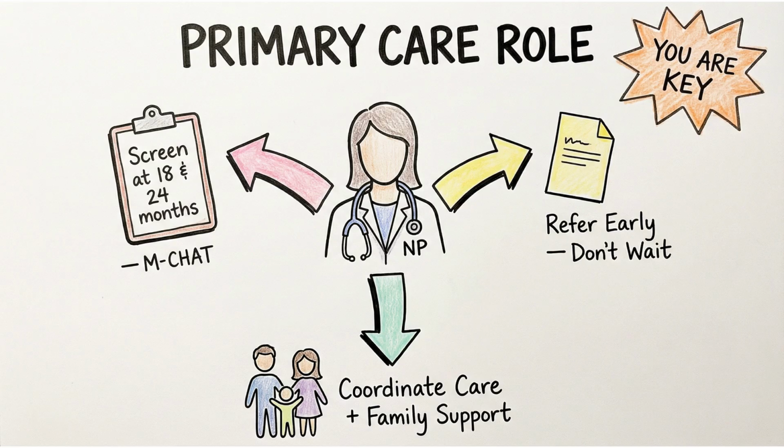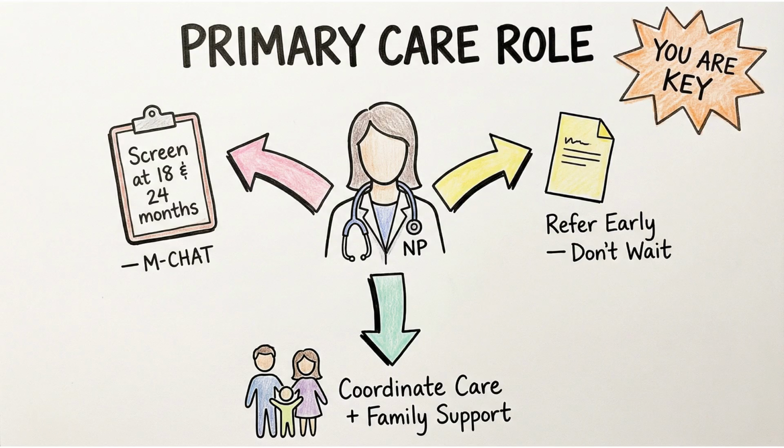The AAP recommends universal ASD screening at the 18 and 24-month well-child visits, using the MCHAT-RF, which is the modified checklist for autism in toddlers, revised with follow-up. A positive screen warrants immediate referral for comprehensive evaluation.